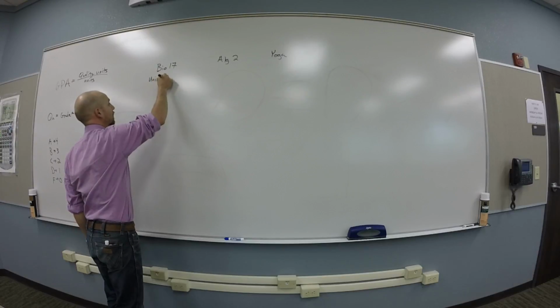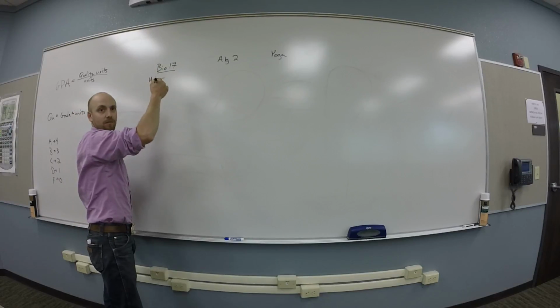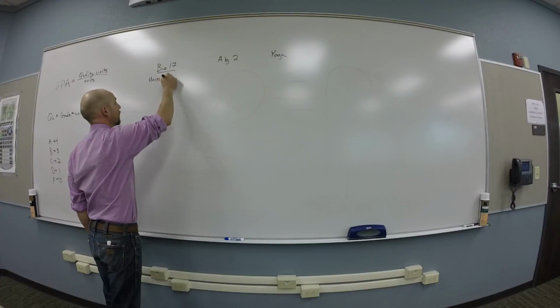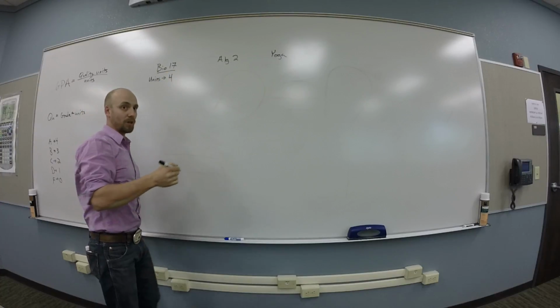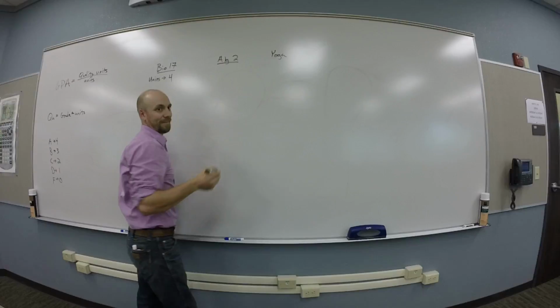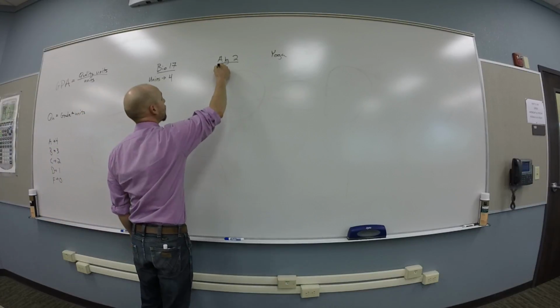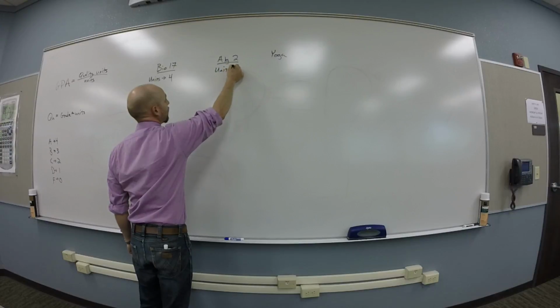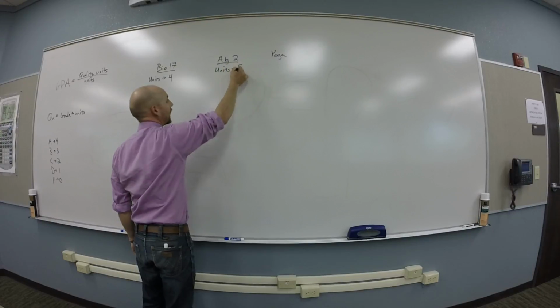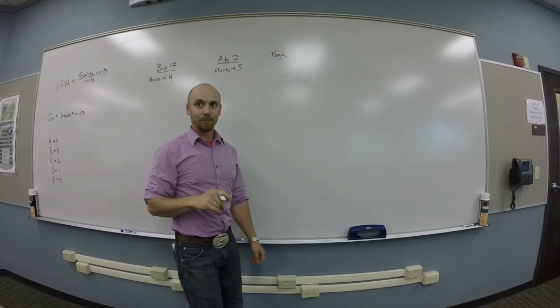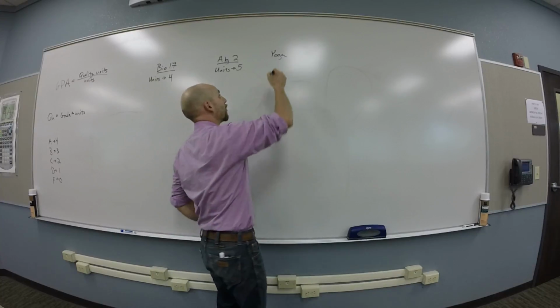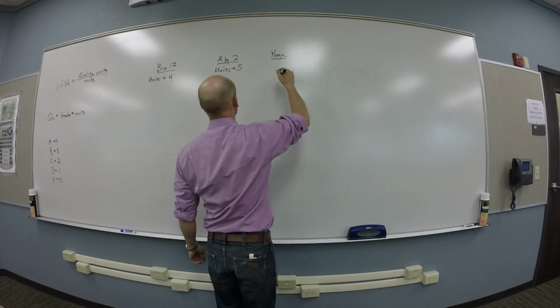It's 4 because it has a lab. How big is Algebra 2? I think it's 5, but whatever. Doesn't matter. And Yoga is 1.